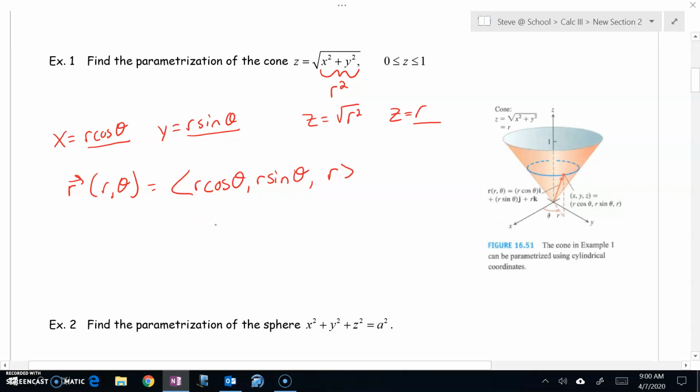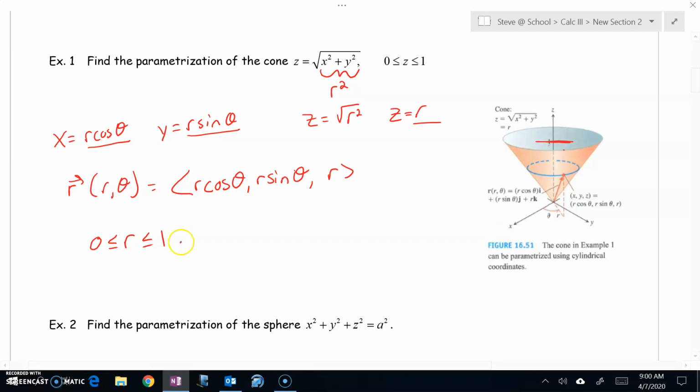Now, very careful though, that is not the final answer. You have to give bounds for both of your parameters. So if we look at the drawing, we have that the r value, or the z value, because z equals r, goes up to 1. So our r value is between 0 and 1. And again, if you look at the drawing, the cone goes all the way around the axis.